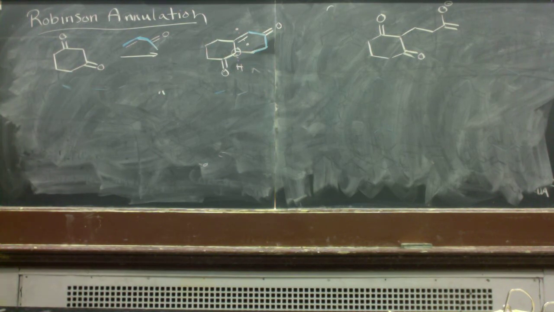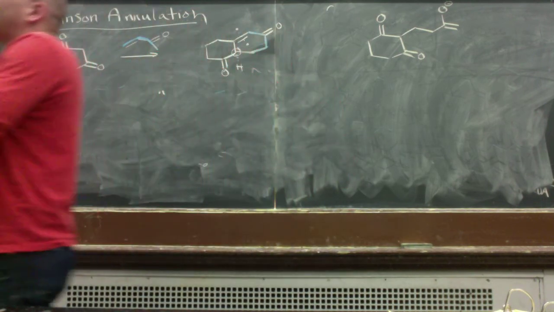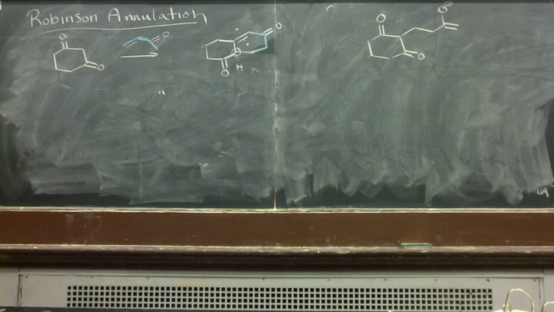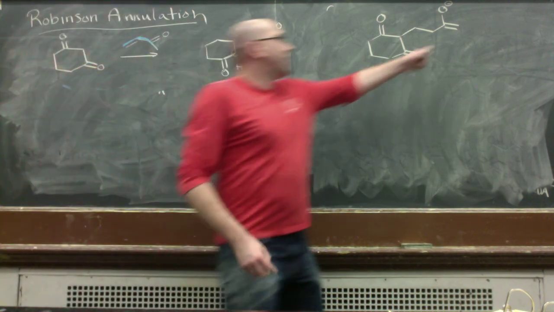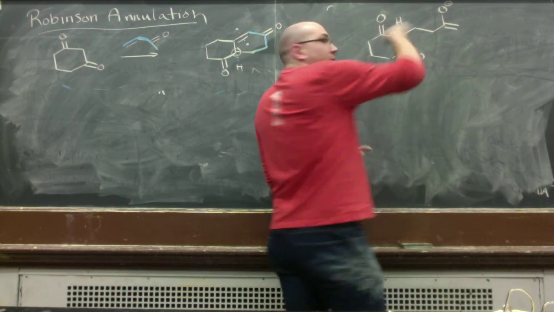Which carbonyl we attack. So absent from anything that's going to make the enolate want to go after one carbonyl over the other, it's going to have an equal chance of going after this one and going after this one.